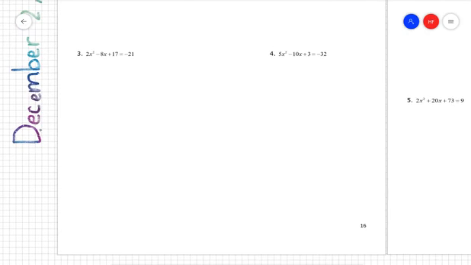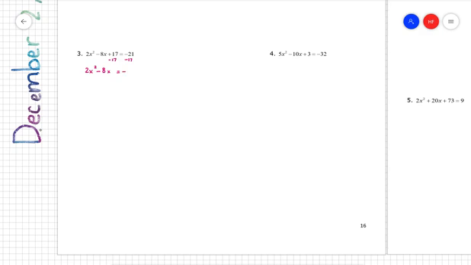Now on number 3, we have a c value on the left and we have a number on the right. So I'm going to move that c value to the other side. So I have 2x squared minus 8x equals negative 21 minus 17.